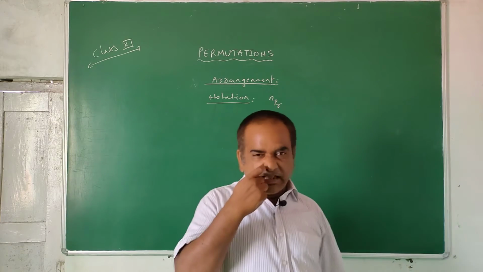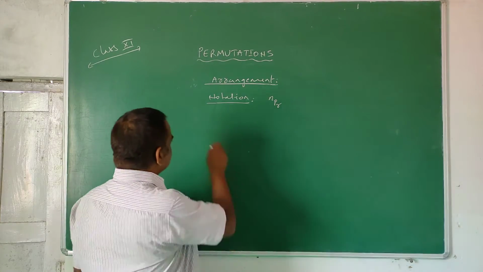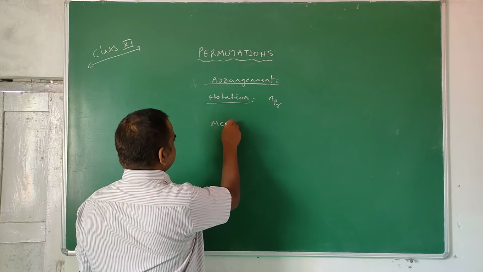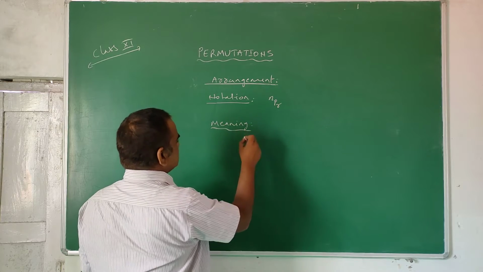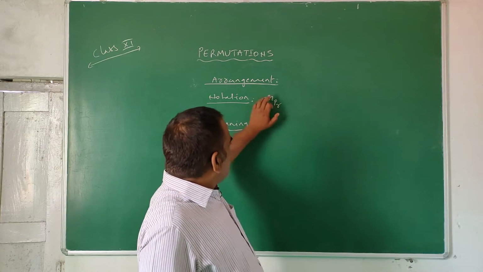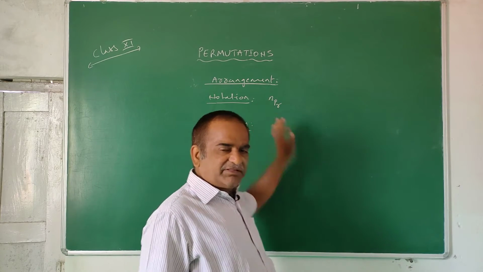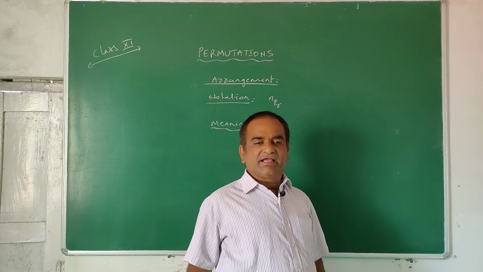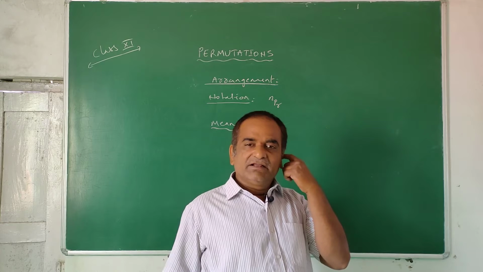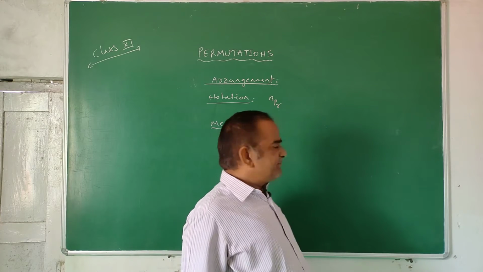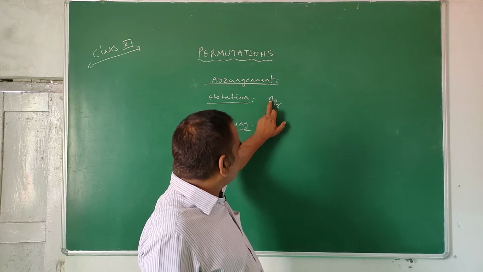The notation is nPr. The meaning is: n stands for the number of different things present in the given set.